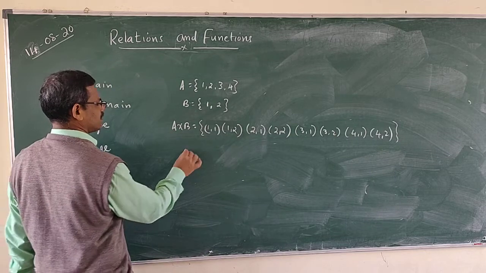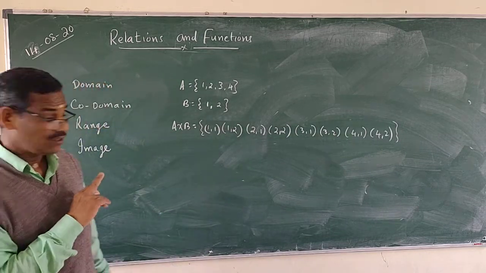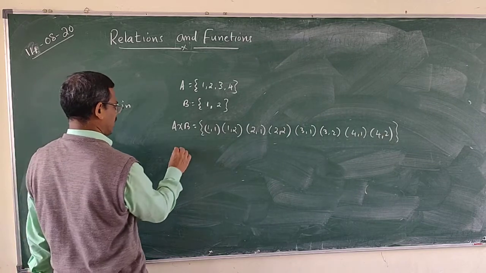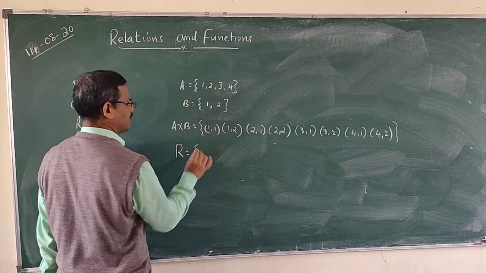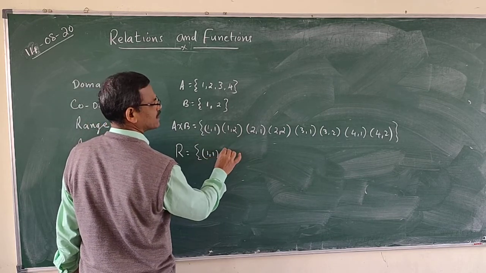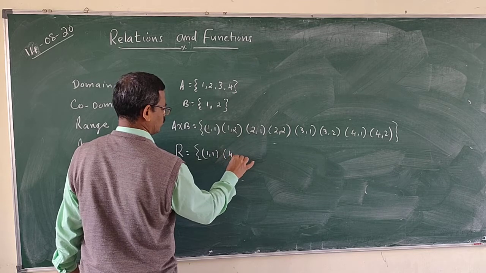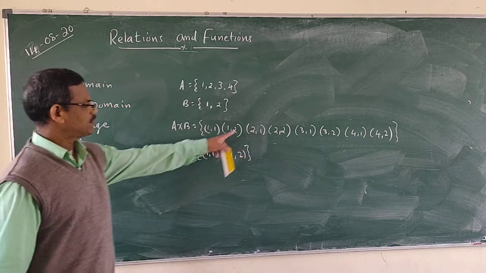I take a subset of this product set, call it R, and denote it as {(1, 1), (4, 2)}. It is a subset of this one.